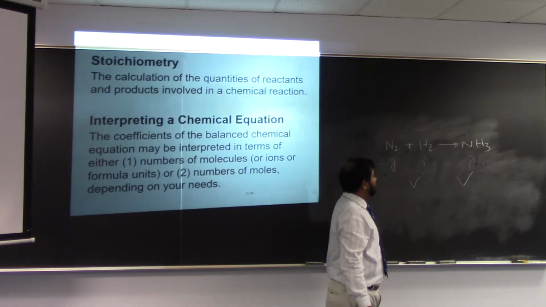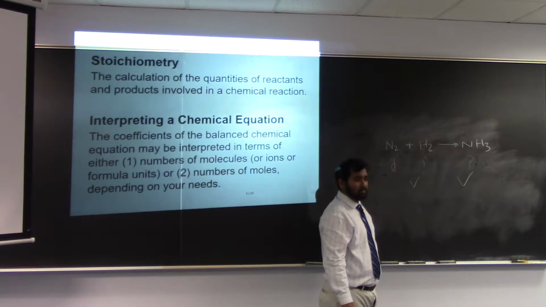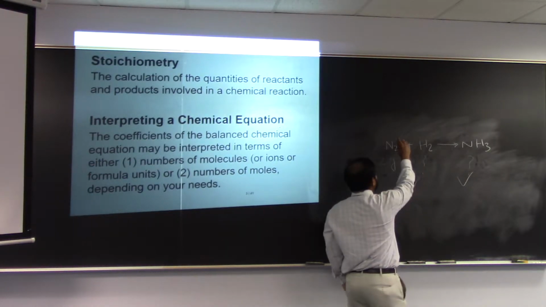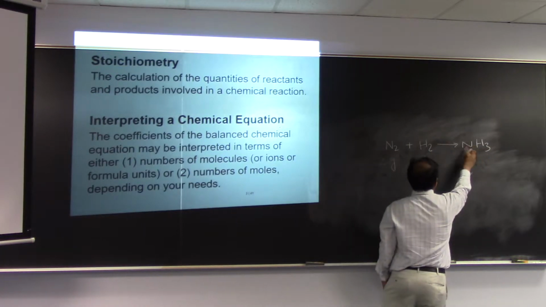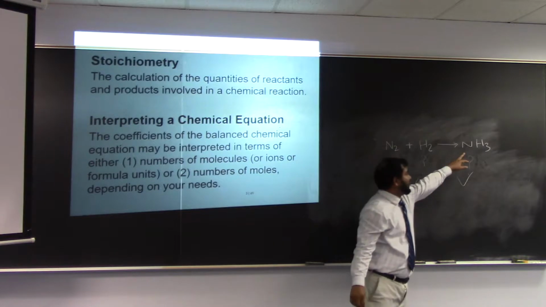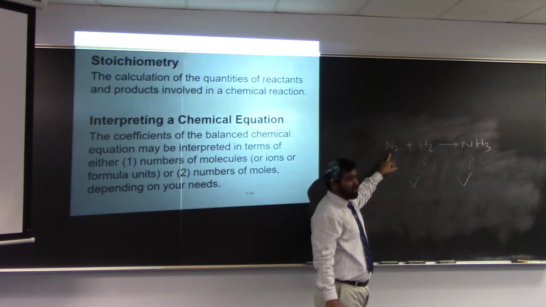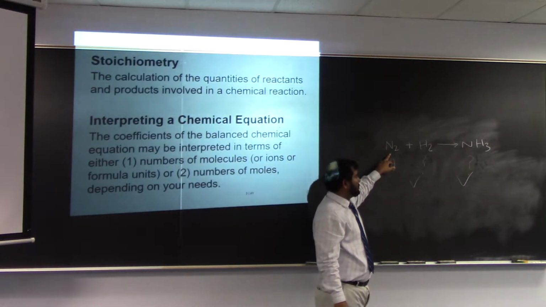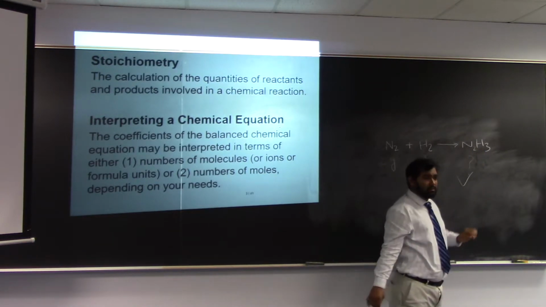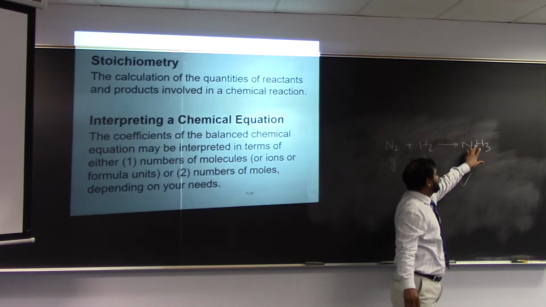So, is it a balanced equation? Yes or no? No. So, how do you balance it? I have 2 nitrogen on the left. I have 1 nitrogen on the right side, but I started off with 2 nitrogen, right? So you cannot write 2 in the formula, can you? No. So you have to use a prefix.